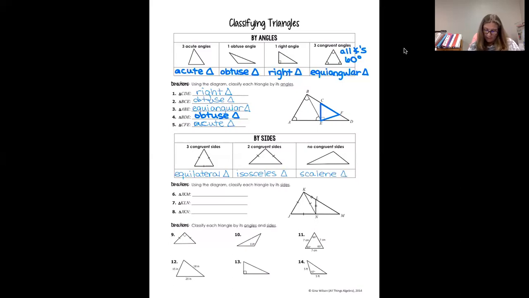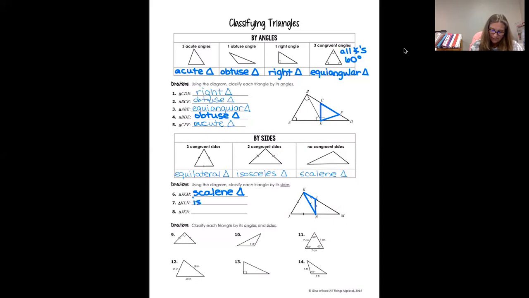All right, let's look at JKM. So that's the big triangle that we see there. We don't have any indication that we have any congruent sides. So this is a scalene triangle. All right, KLN. So you have one tick mark on the bottom, two tick marks on each side.